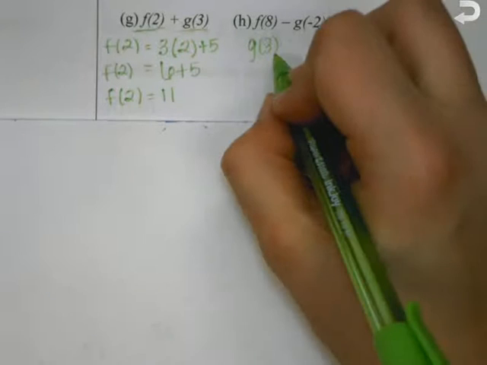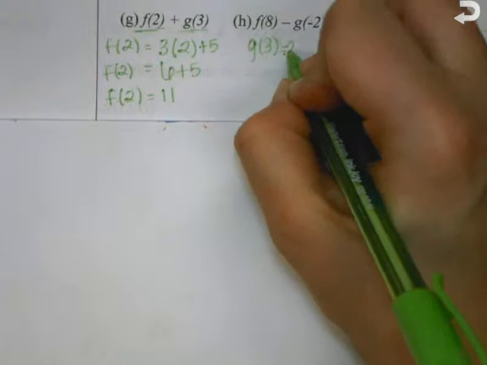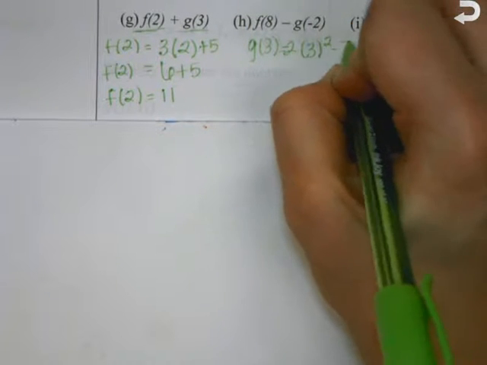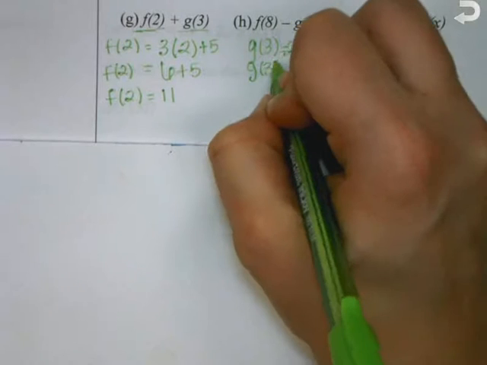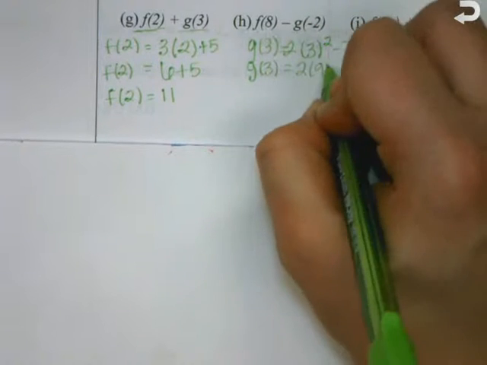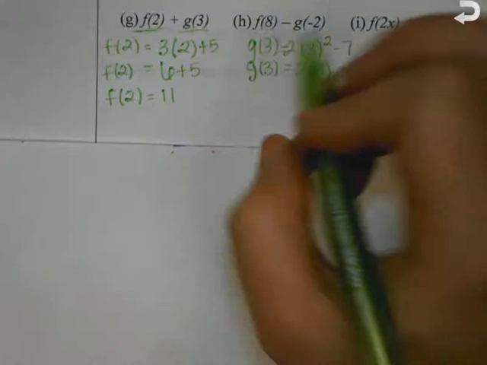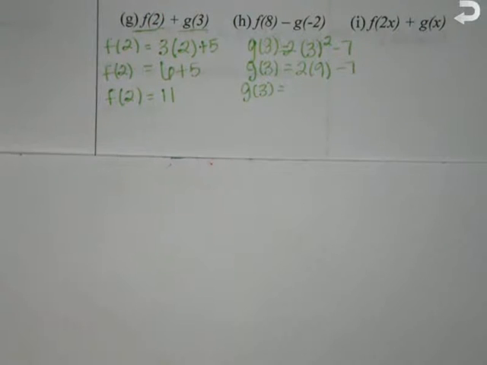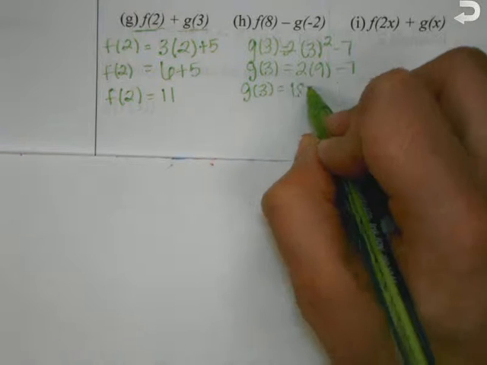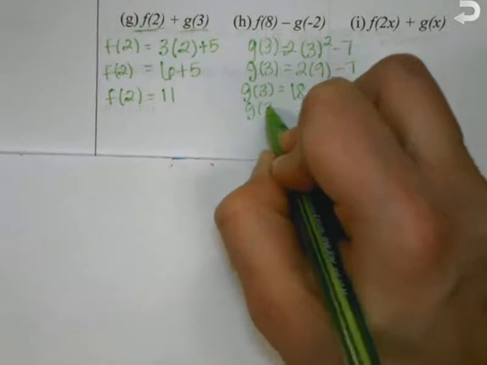So g of 3 is equal to 2 times 9 minus 7. So g of 3 equals 18 minus 7, which gives me also 11.